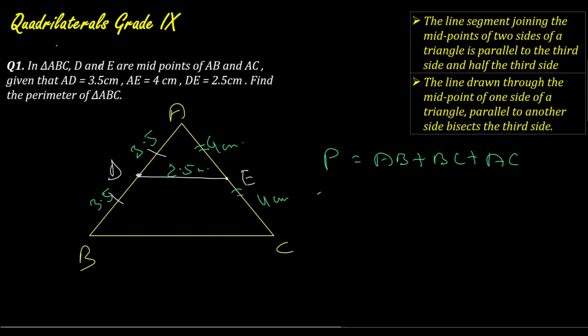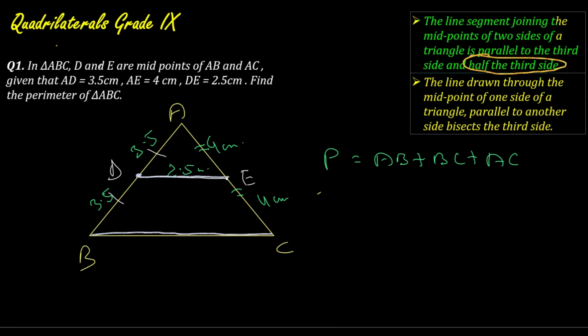Now, what we are going to do is apply this property here, that the line joining the midpoint of two sides of a triangle is parallel to the third side and half the third side. So check for this part only, half the third side. That means the length of DE is half of BC.